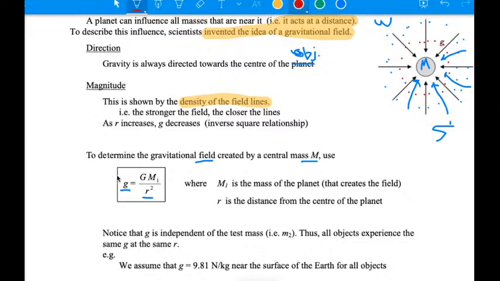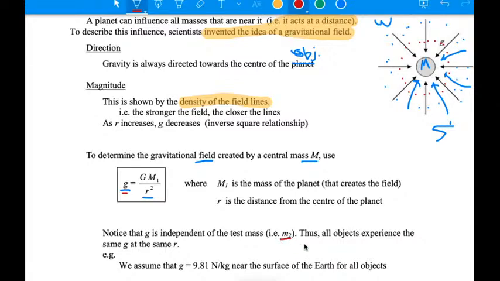Any object on the blue path will have the same g as any object that's the same distance away from it, but it won't have the same gravitational force, because that's dependent on m2. So fields are not dependent on the test mass or the object that's brought near our central mass, but the gravitational force would be.